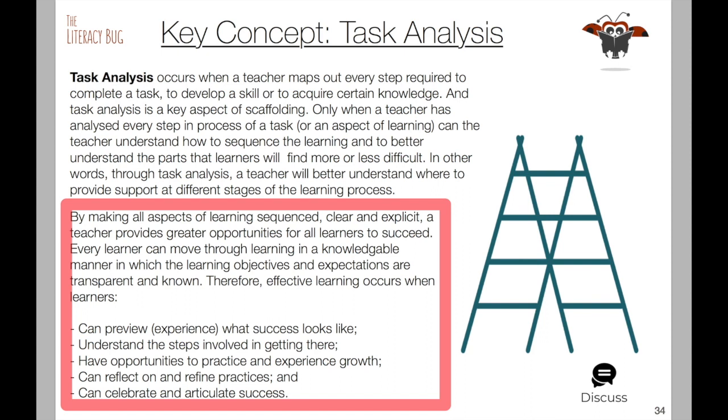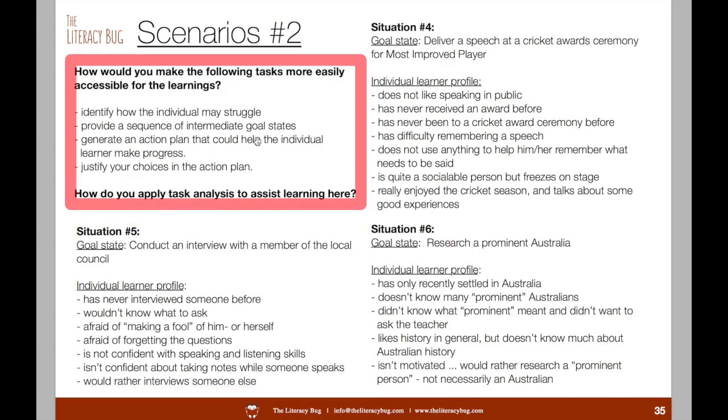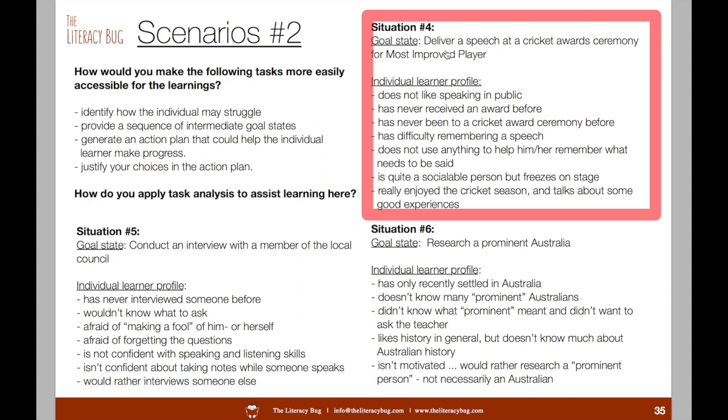So to practice that notion of task analysis, which is knowing what the goal is and then analyzing and breaking that task into those step-by-step stages of learning, I'm giving you another set of scenarios. So these again are all writing scenarios.